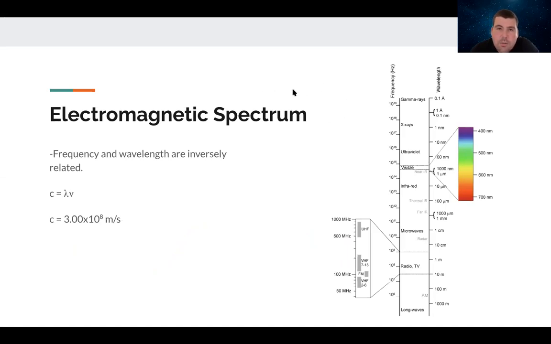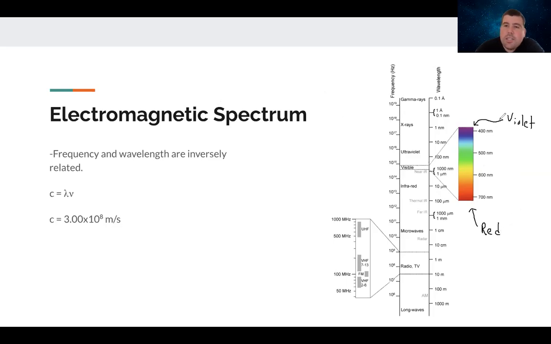Now, if you look over on the right-hand side, you will see the electromagnetic spectrum. Notice here we have purple light and red light. So purple or violet light. We're hopefully all very comfortable with Roy G. Biv. Roy G. Biv indicates the order of visible light from lowest to highest energy.